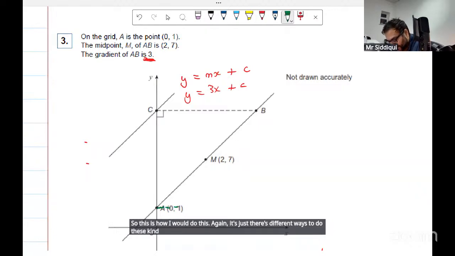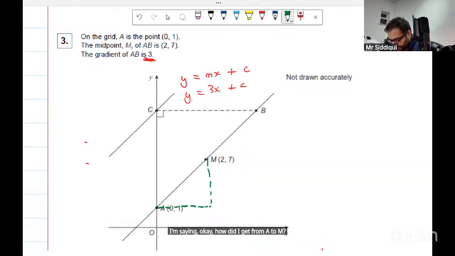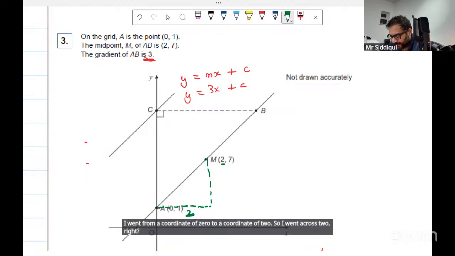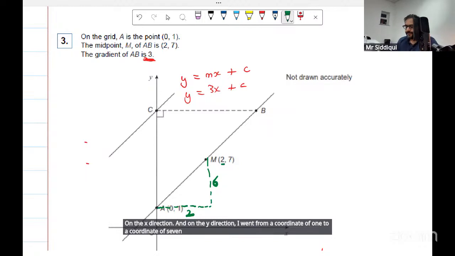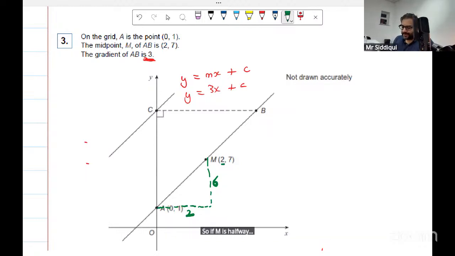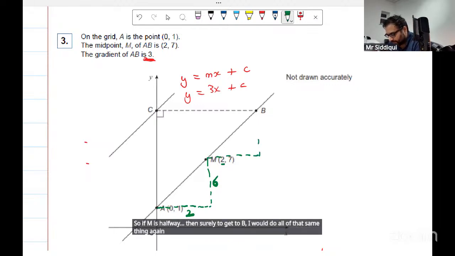I would make a little triangle here and ask, how did I get from A to M? I went from an x coordinate of 0 to 2, so I went across 2. And on the y direction, I went from 1 to 7, so I went up 6. If M is halfway, then to get to B I would do all of that again: across 2 and up 6.